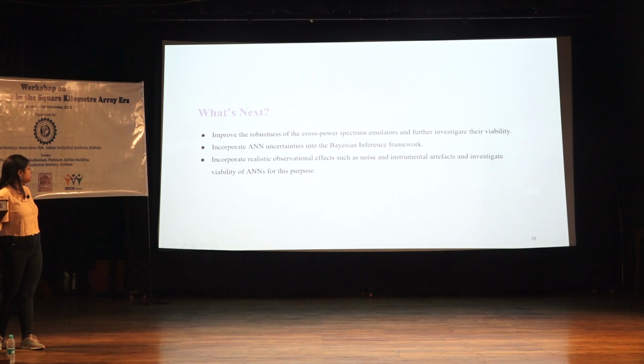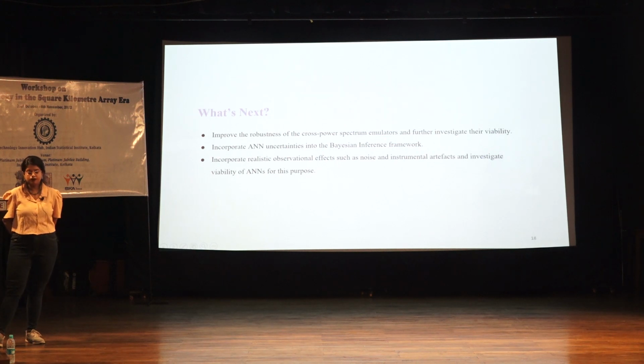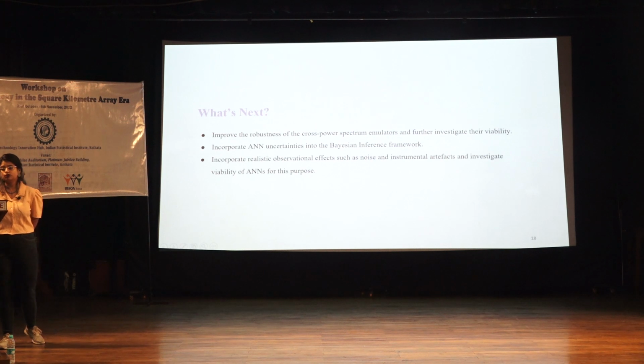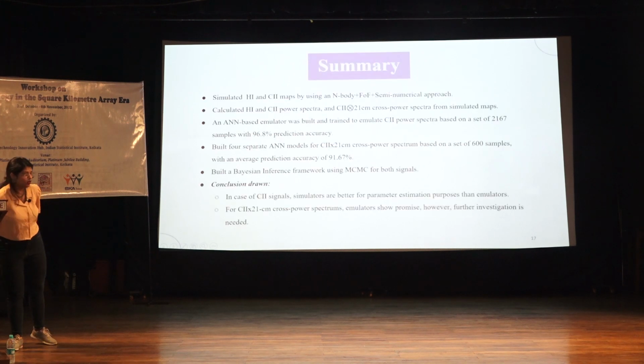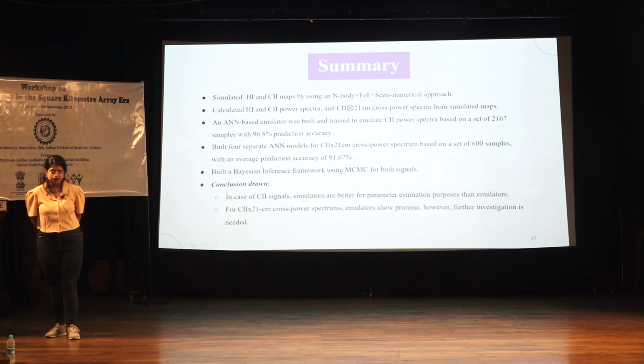We would also like to incorporate ANN uncertainties into the Bayesian inference framework, which should also help with our estimation. And if that is done, then we could also incorporate realistic observational effects such as noise, and investigate the viability of ANNs once that is done. So yes, that is it for my presentation, and I would like to take any questions if you have.